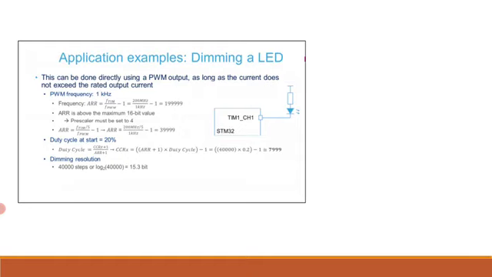This yields a value of 7999. Lastly, the dimming resolution can be computed from formulas present in previous slides. With a timer running at 40 MHz, a 1 kHz PWM provides for 40,000 dimming steps, which correspond to an equivalent resolution of 15.3 bits.